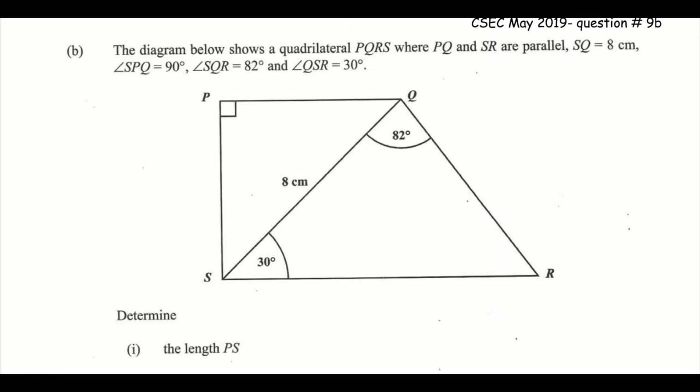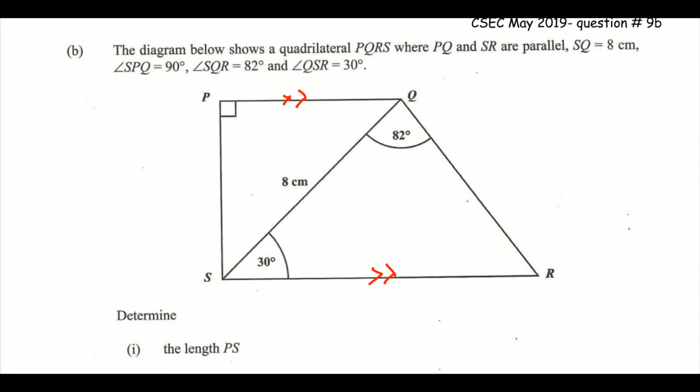And for our final question, the diagram below shows a quadrilateral PQRS where PQ and SR are parallel lines. I like to put on some indicators for parallel lines. That helps me to recall while I'm dealing with the diagram. Then we have SQ. So SQ right here is 8 centimeter.